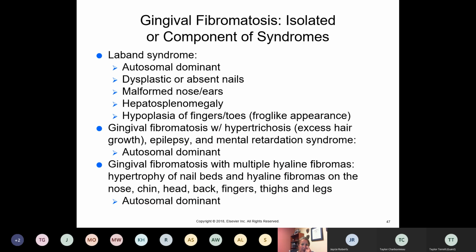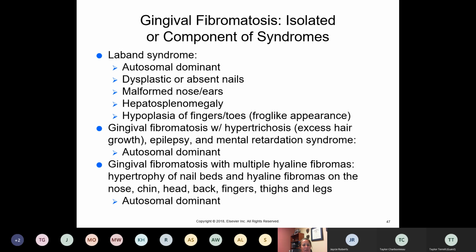And then there's gingival fibromatosis with isolated areas of this, or it could be a component of another syndrome. For instance, Laband syndrome is one it can be associated with. It can be associated with hypertrichosis, which is an excess of hair growth.